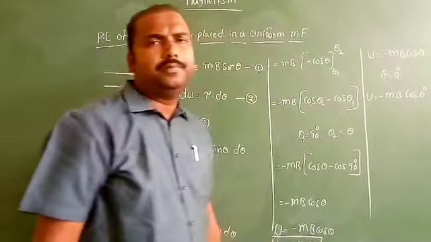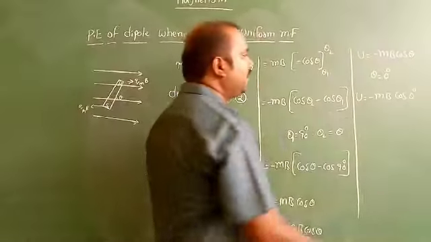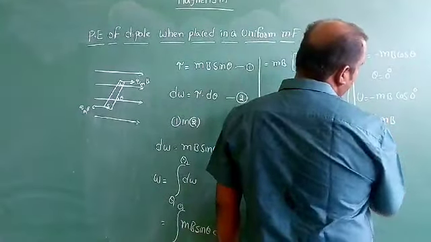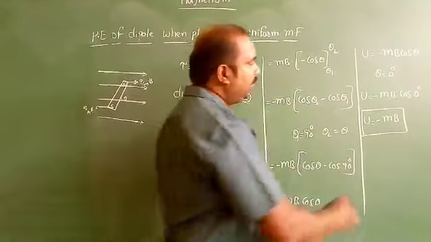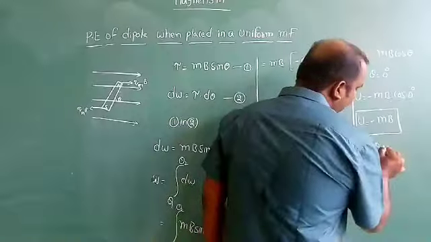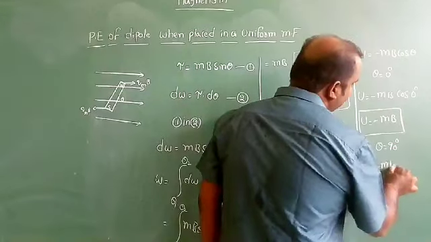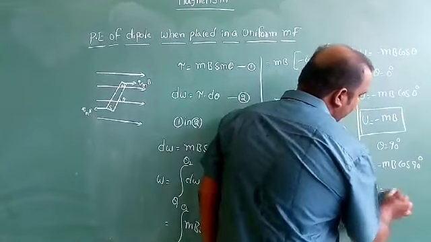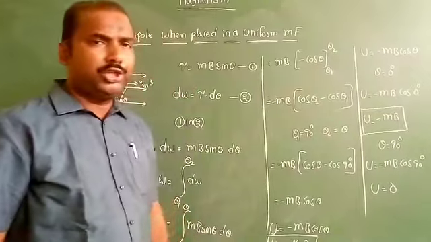You already know the cos 0 value is 1. So U is equal to minus mB. This is the minimum potential energy of the dipole. Similarly, if theta is equal to 90, then U is equal to minus mB cos 90, whose value is 0, so U is equal to 0. The potential energy becomes 0.